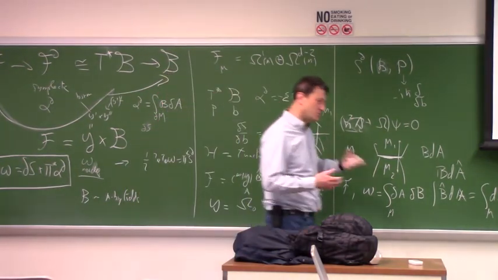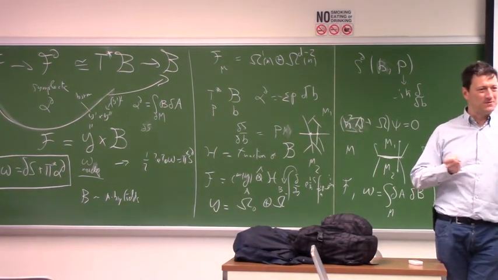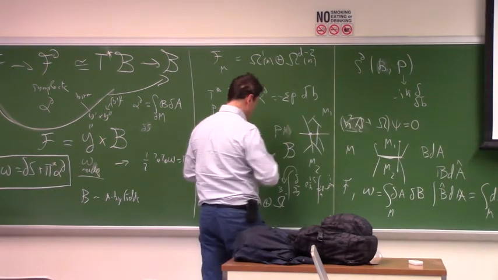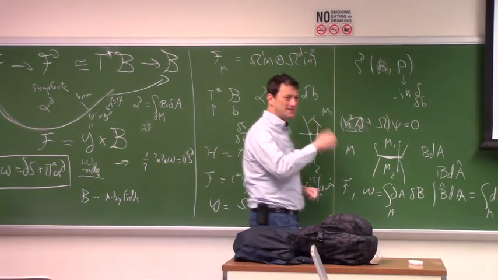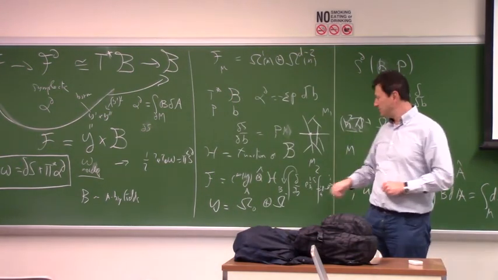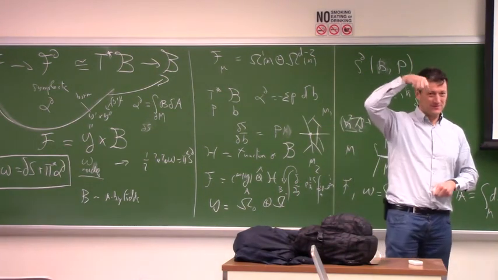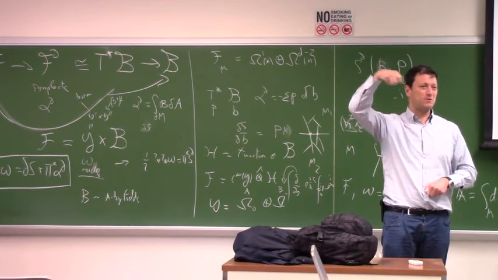So to make this correct, you have to introduce so-called composite fields, in the sense that you should think of powers of the variable b at the same point as a new field. And you should think of higher order functional derivative at the same point as first order functional derivative of the composite field.